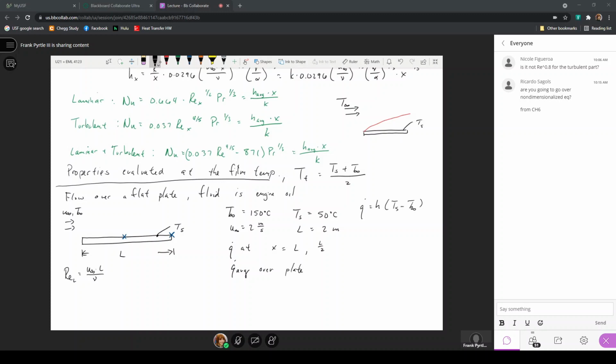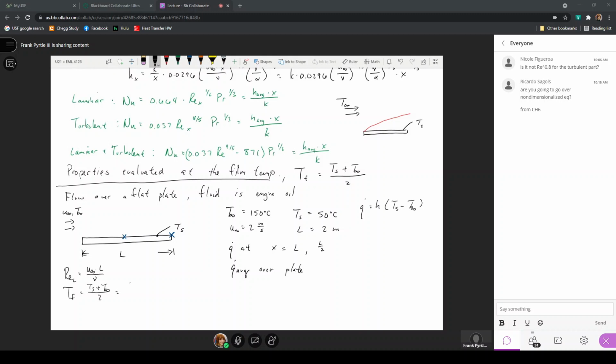So we're going to start with determining, well, what is the Reynolds number at the trailing edge of this plate? But in order to do that, we have the free stream velocity U infinity of 2 meters per second, but we need the kinematic viscosity. Well, the properties are all evaluated at the film temperature, which is just Ts plus T infinity divided by 2.